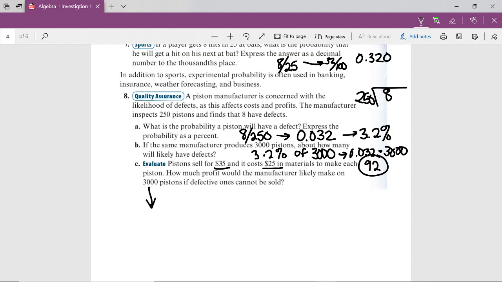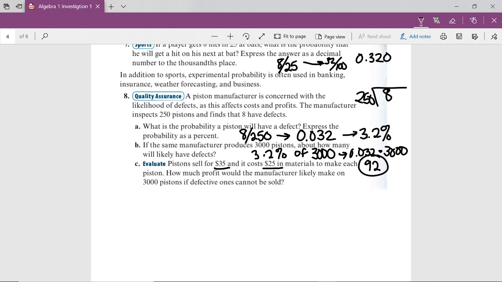I can actually sell 2,908 of them. It's also very tempting to say, if I can sell that many of them, then I multiply that by my $10 and find my amount. It's actually not what we're going to be able to do here.